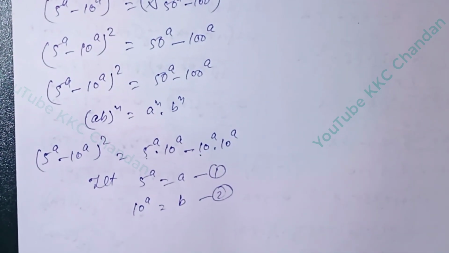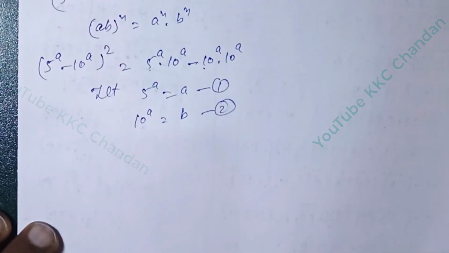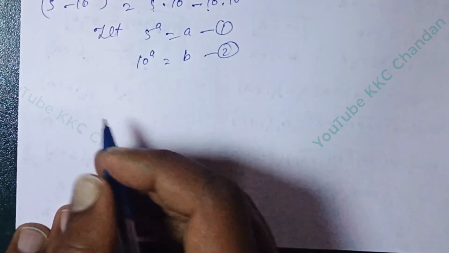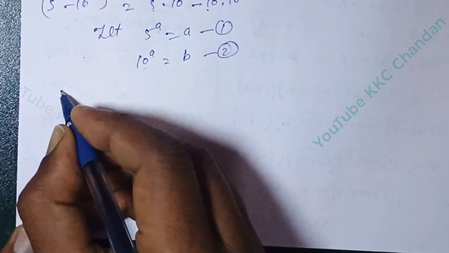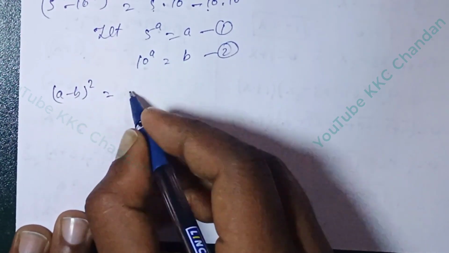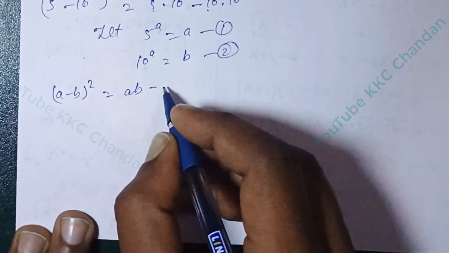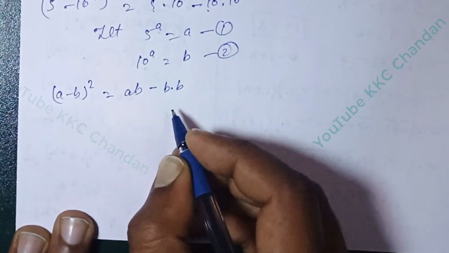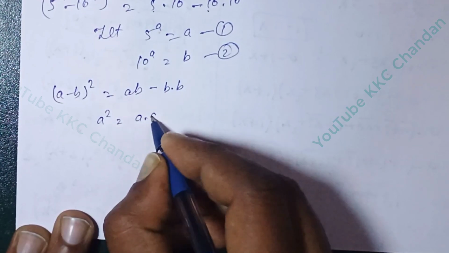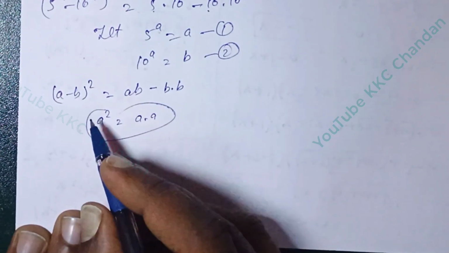Next step, (A − B) whole square is equal to AB − B into B. We know that a square is equal to a into a. This rule applies in this place.